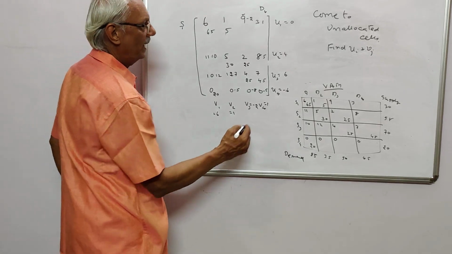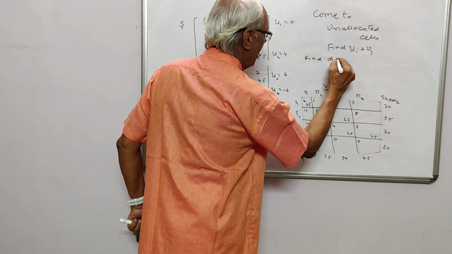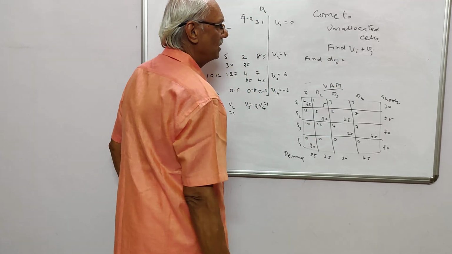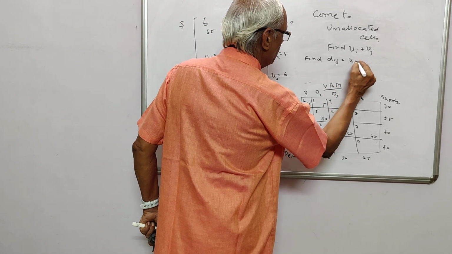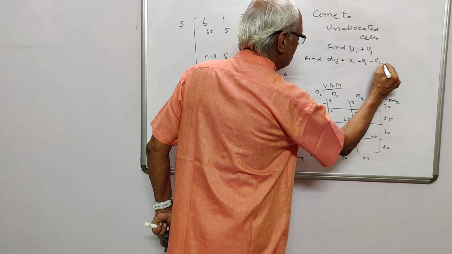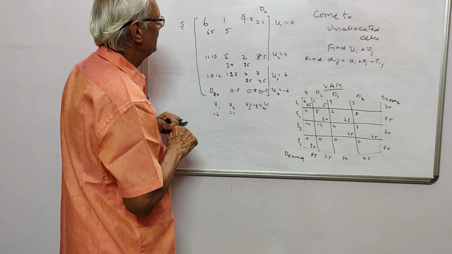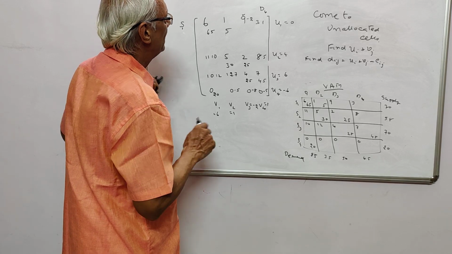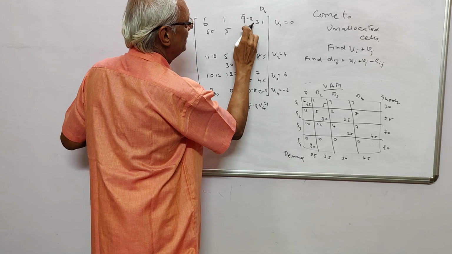Then find Dij, which is equal to Ui plus Vj minus Cij. See what you will do now here. You want Ui plus Vj.